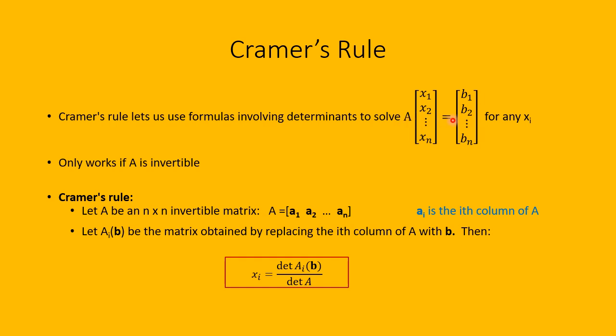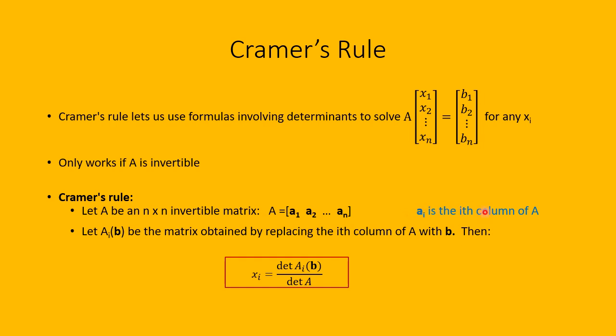The rule that we're about to look at, Cramer's rule, only works if A is invertible. And so let's see what Cramer's rule tells us. Let A be an n by n invertible matrix, and let A have these columns. The first column is A sub 1, second column A sub 2, all the way through the nth column is A sub n.